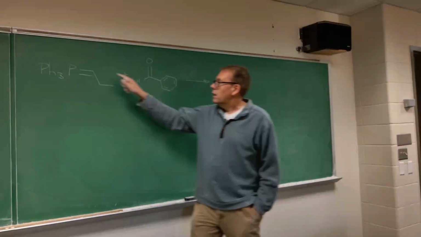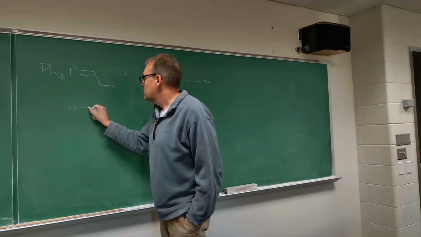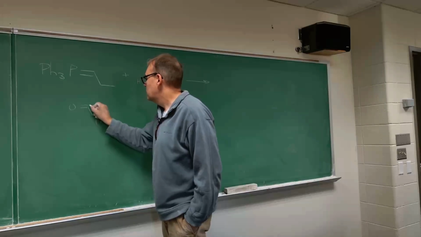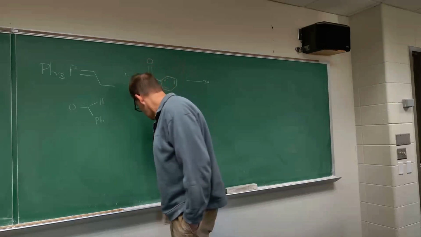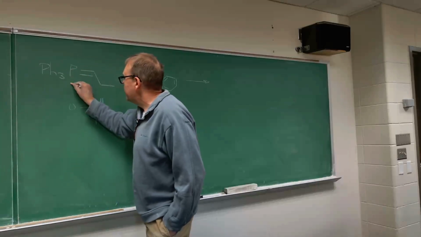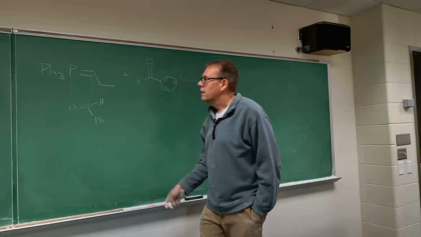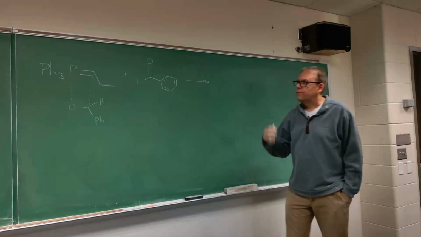Well, you're going to line these up so that the phosphorus and the oxygen are together, and the 2 carbons are together like that. And then you form an intermediate.